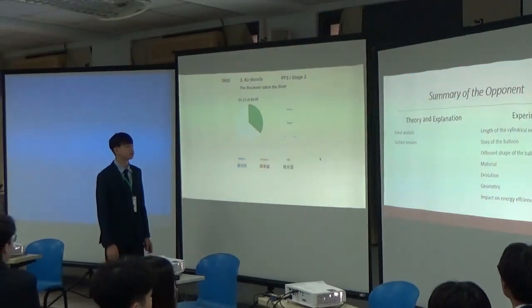Summary of the opponent. The opponent mentioned 2 theories about force analysis and surface tension. In the experiment, they considered the length of the cylinder, size of the balloon and different shape of the balloon, and focused on the material or geometric impact on the energy.